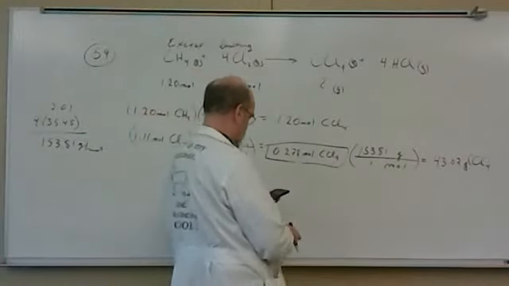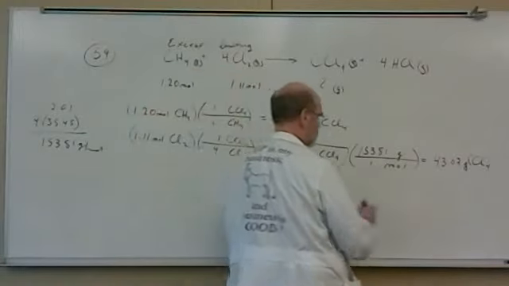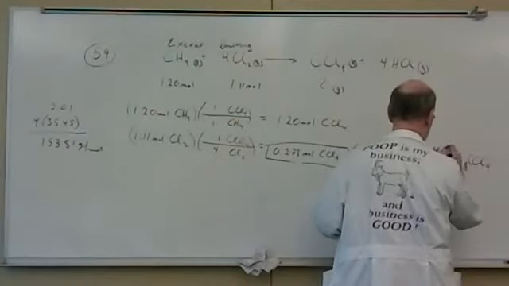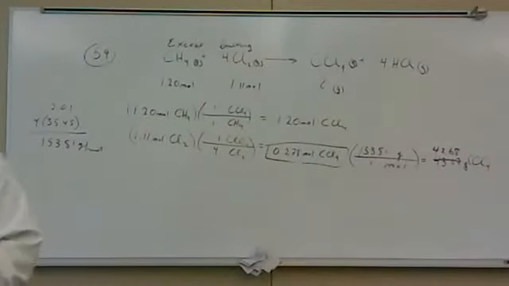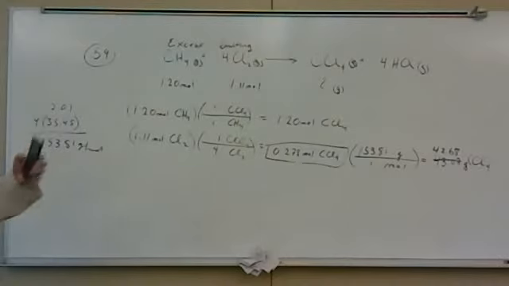Yeah, 42.68. That may not even be right. Yeah, close enough. Close enough to find out that D is it. That's the best answer. We still could have got the right answer with that one.